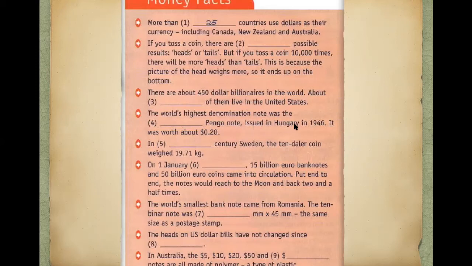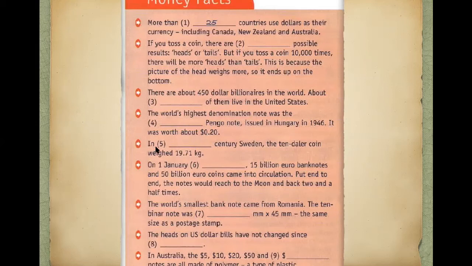Issued in Hungary in 1946. It was worth about $0.20. Ese número tan largo para representar a 20 centavos más o menos de dólar.